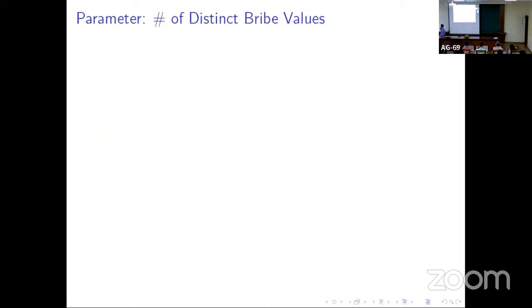Now let's consider the parameter, which is the number of distinct bribe values. Why does this parameter make a good parameter? Because every price section has the same value, right?